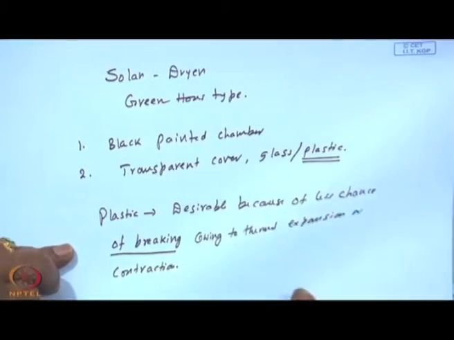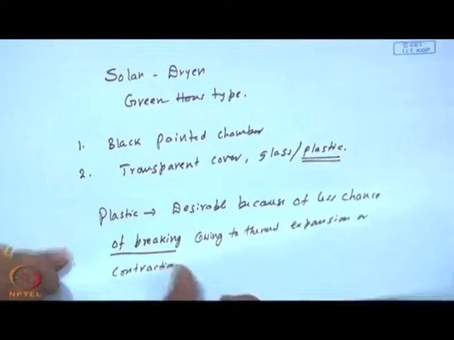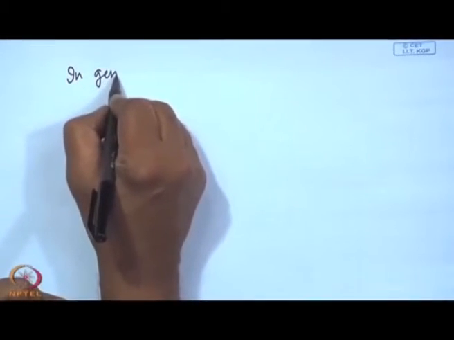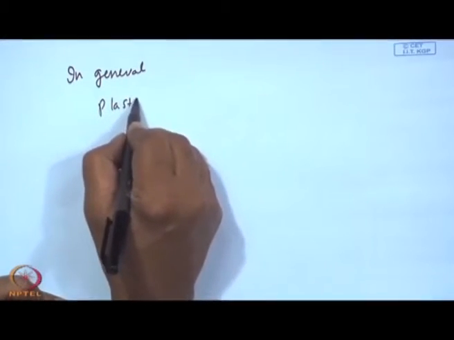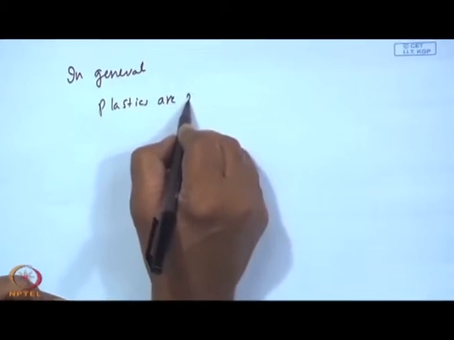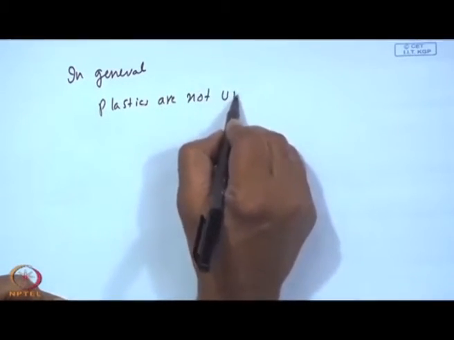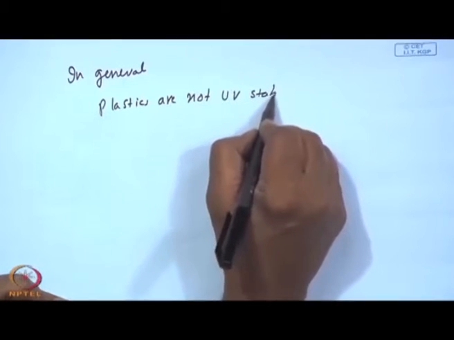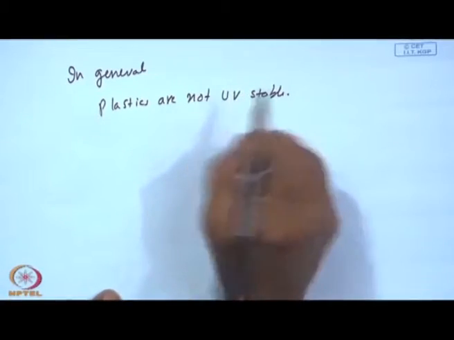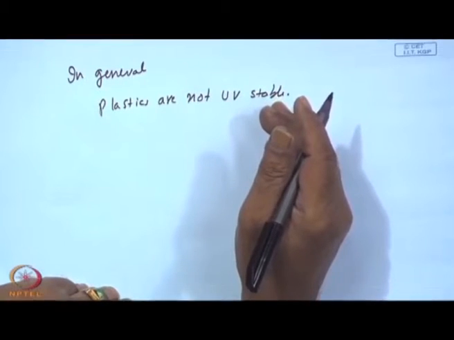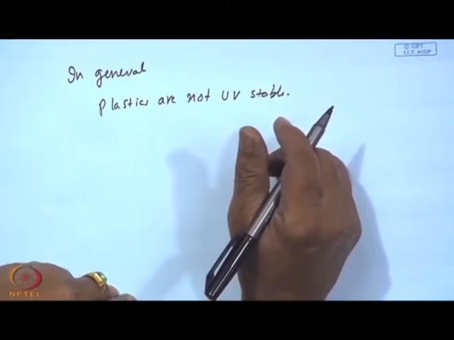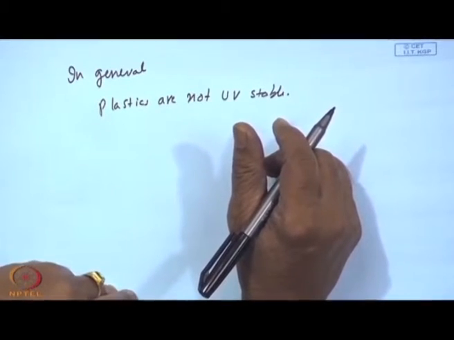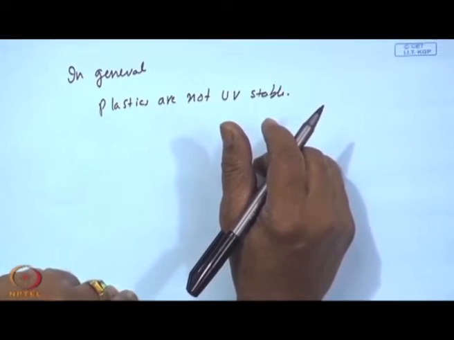But the disadvantage is that, in general, plastics are not UV stable. The ultraviolet radiation, though only 2% or 4%, will make the plastics unstable, and after a while they lose their color, they lose their rigidity, they simply break.